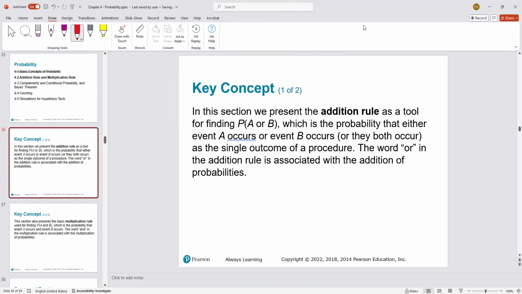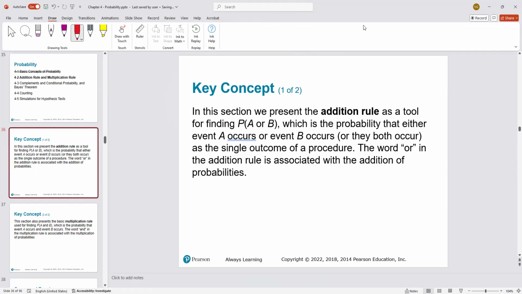We're going to talk about events that are disjoint or overlapping. We will develop the ability to calculate the probability of an event A occurring in a first trial and an event B occurring in a second trial. So we're going to apply the multiplication rule by adjusting for events that are not independent. We will distinguish between independent events and dependent events. That's mostly what we're planning on doing in these sessions.